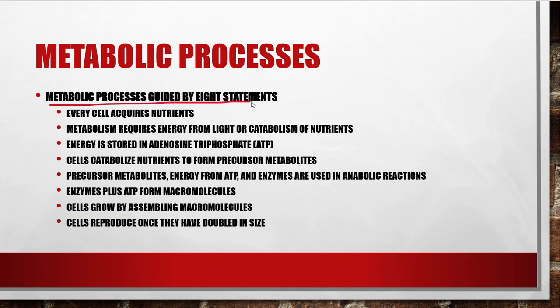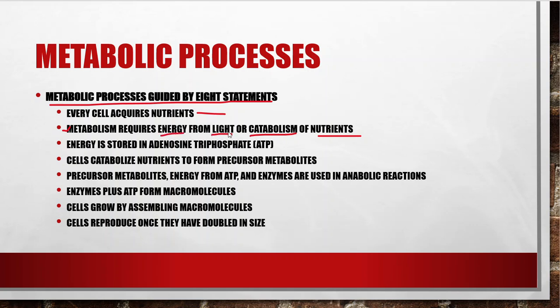Metabolic processes, 8 statements. Every cell requires nutrients. Everything needs food, guys. Metabolism requires energy from light or from catabolism of nutrients. So in order to do our biochemistry, we're going to need some energy.